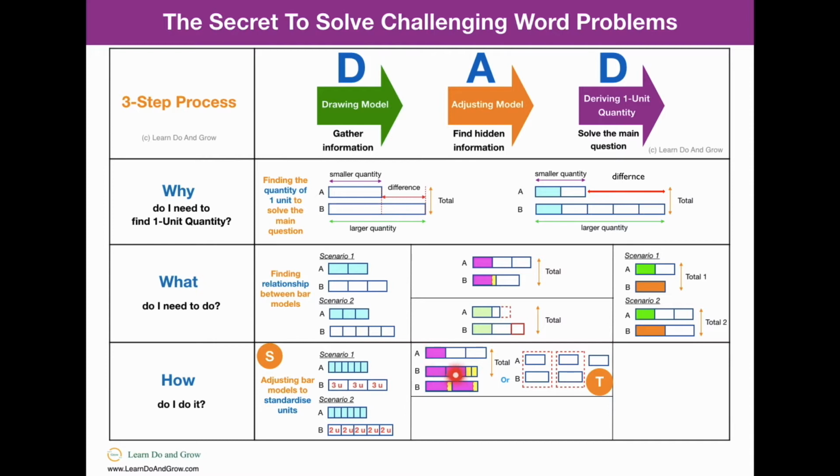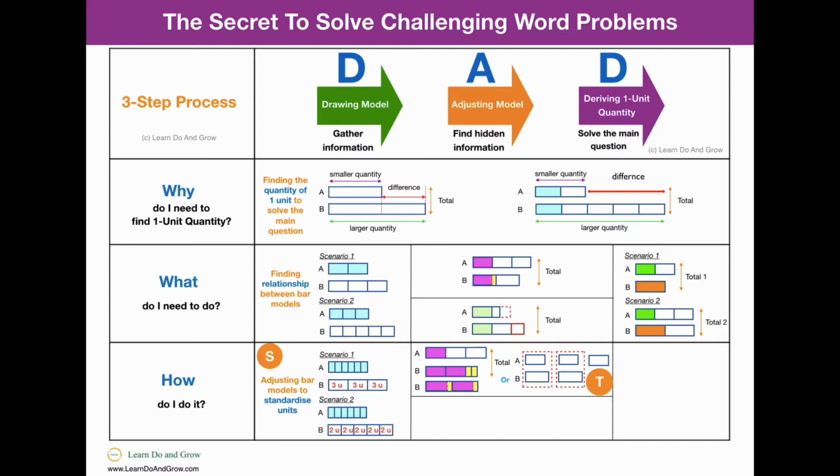But in 2 units, how many extra things do I have? 1, 2 extra things. And from there, it becomes a basic comparison model. You have the total, you have the number of units, you have the extra, and you just take out the extra, then you will get that 5 units equal the total. And from there, you can solve the question.